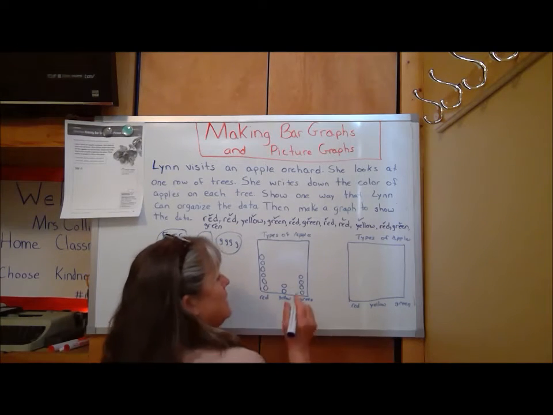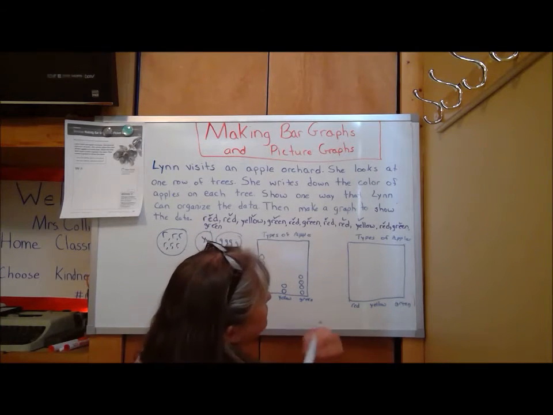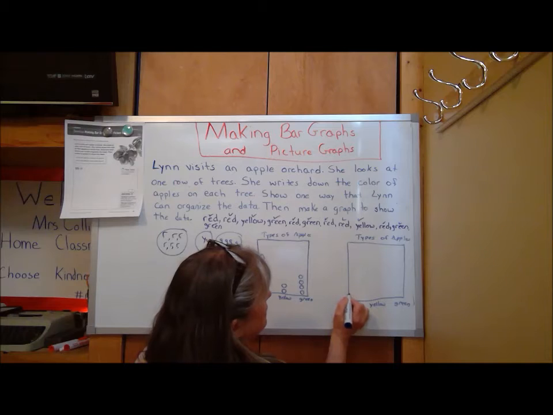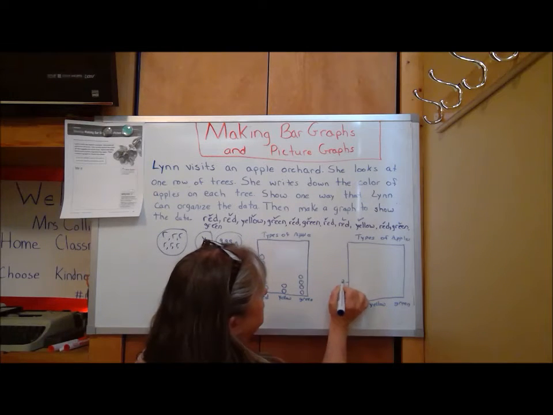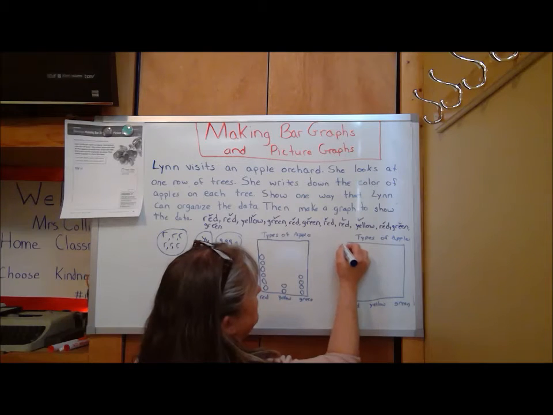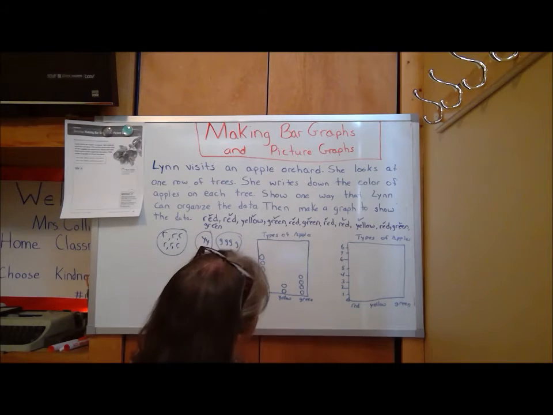The types of apples, I need to do a little bit more because I'm going to need some numbers. So I'm going to go like this. This will be my 0. And then I'm going to have 1, 2, 3, 4, 5, 6, 7, 8. I think that's high enough.